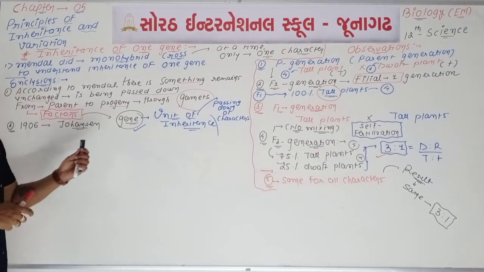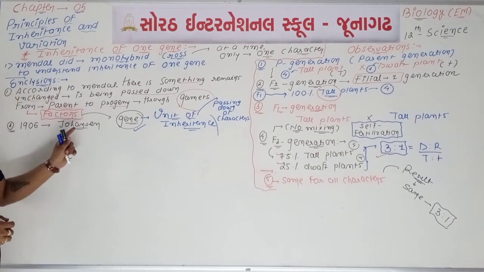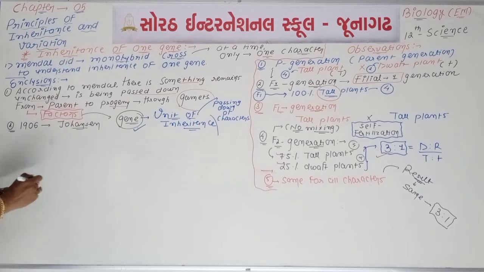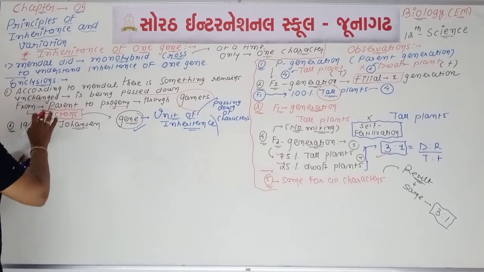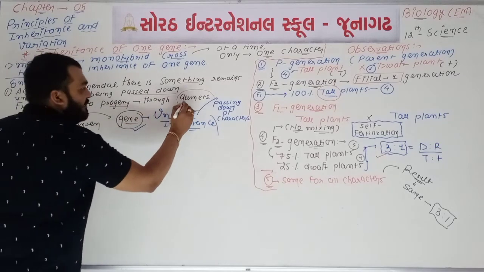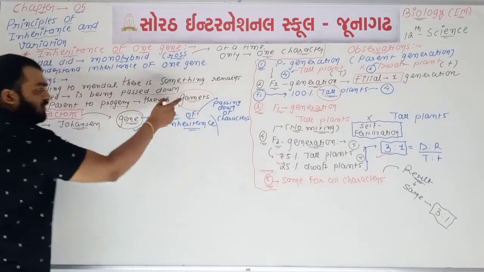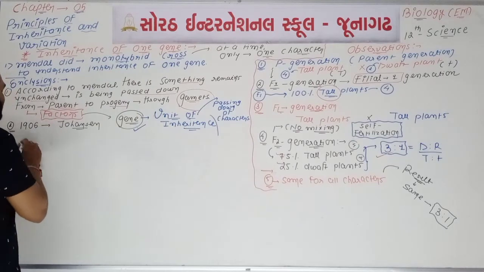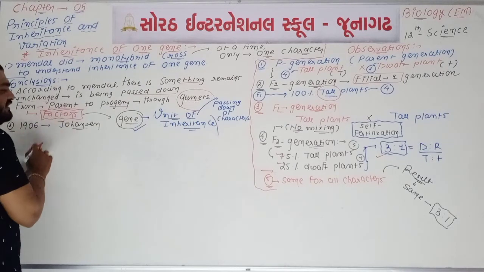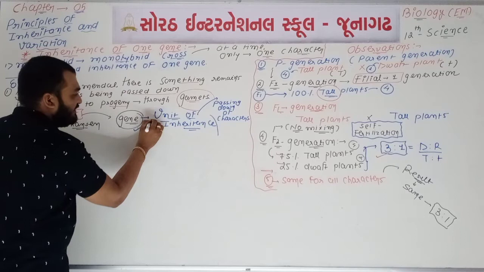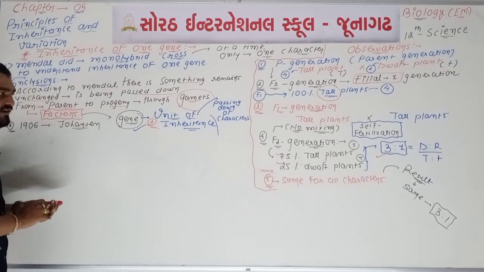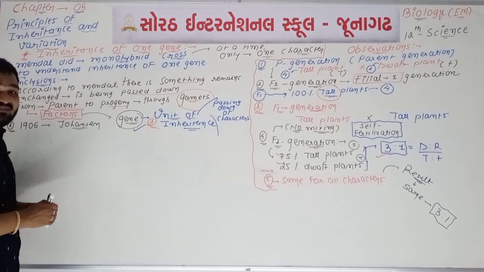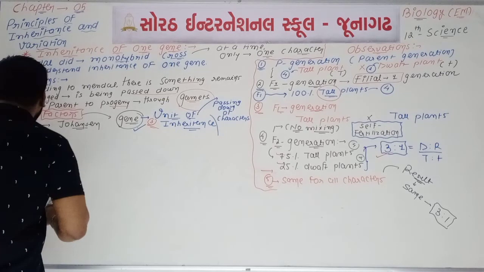The first sentence is the definition of factor: factors are something that remain unchanged, being passed down from parent to progeny through gametes. Gamete is the important word, don't forget it. According to Johansen, factor is equal to gene. And point number 3: these genes are the unit of inheritance and responsible for the passing down of characters.